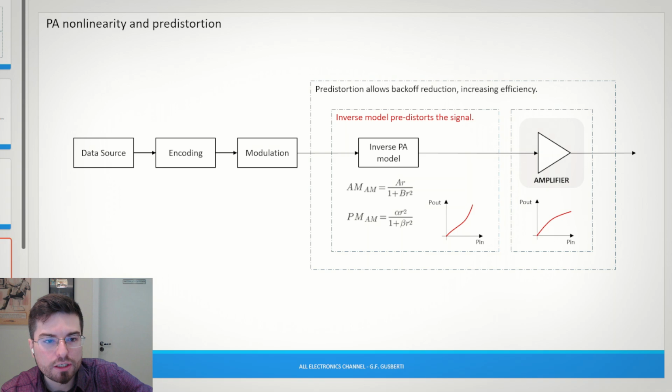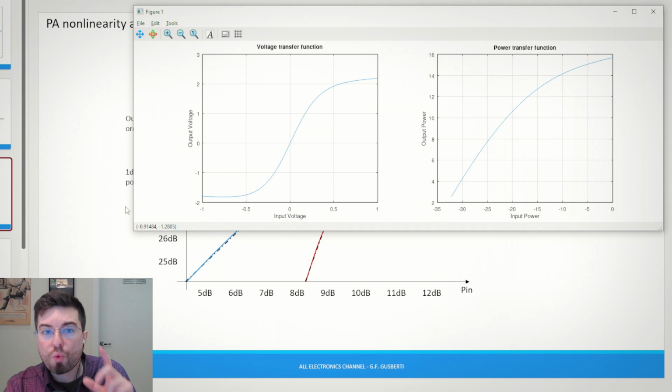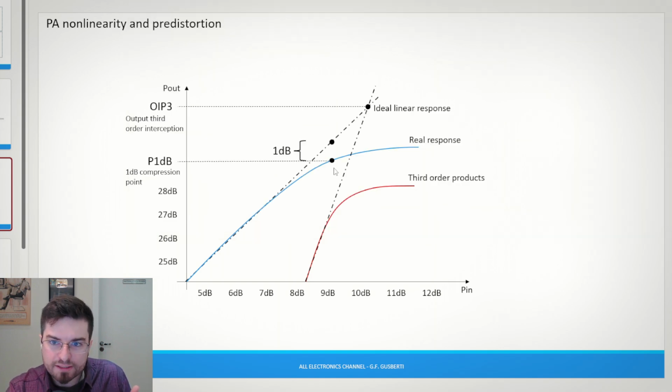Take a look at the curve of the amplifier, guys. As we enter here the large signal behavior of the amplifier, there is nothing we can do to increase the power here. Look, the output voltage becomes flat as the amplifier starts to clip. There's no magic here. We cannot increase even more, try to predistort, increasing a lot the input power, because the amplifier will be limited. So what predistortion can help us with is to operate the amplifier near the 1 dB compression point.